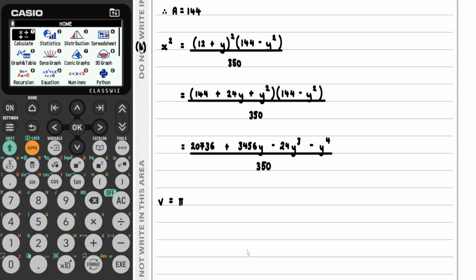So the volume will be given by pi multiplied by the integral from −12 to 12 of (20,736 + 3,456y − 24y³ − y⁴) over 350 dy.